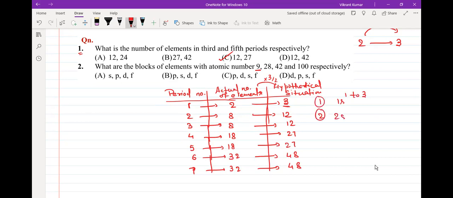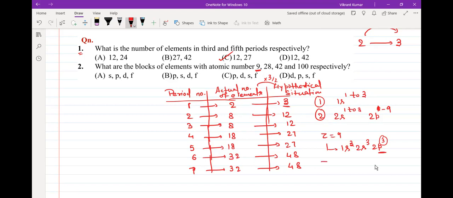The second period will start at 2s, fill 1, 2, 3, and then 2p, 4 to 12, 6 electrons. So 1 through 2p will be up to 9. Now if you see atomic number 9, 1s is completely filled, 2s is completely filled, and then it comes to 2p. If I have Z equals 9, in this hypothetical situation I'll write 1s3, 2s3, and then 2p3. So the last electron is entering the p subshell, and that's why it will be part of the p block.